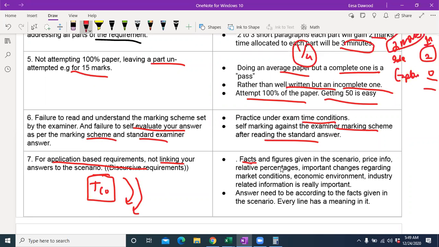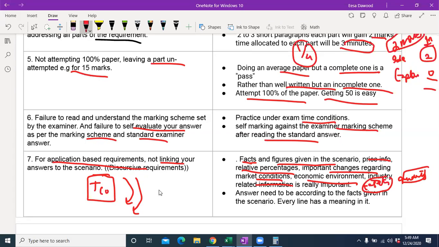So, for example, facts and figures given in the scenario like price information, relative percentages, any changes happening like market conditions or economic conditions, or any industry related information or competitors' information, it's really going to be important. Or any targets. While evaluating, you need to know the targets or industry averages. So any percentages, any information given in the scenario while you're evaluating performance is very important.